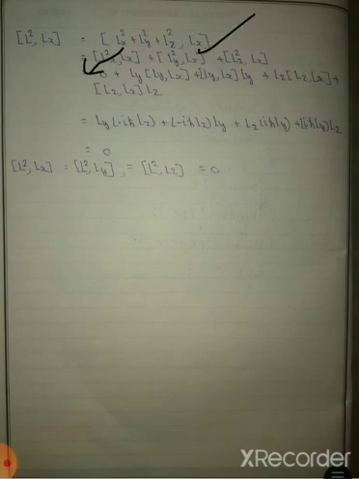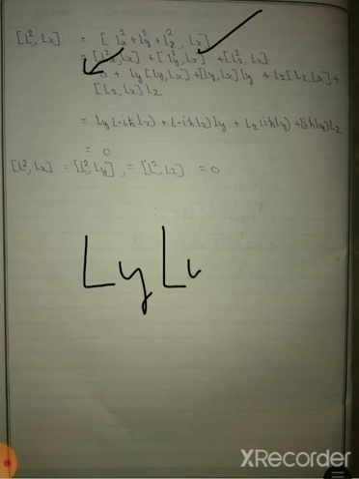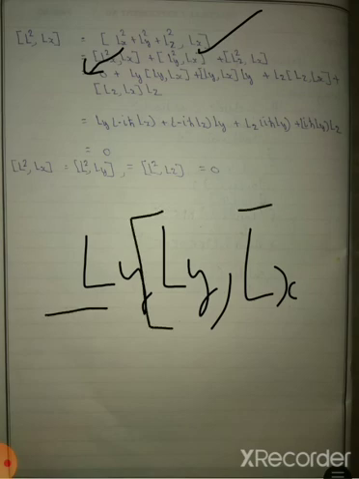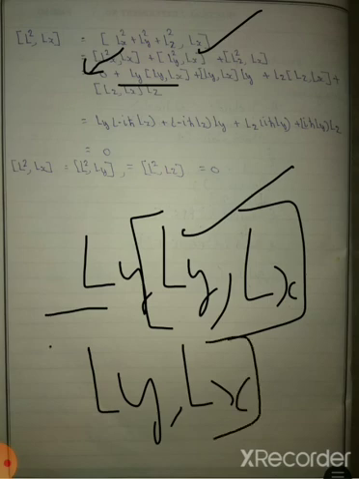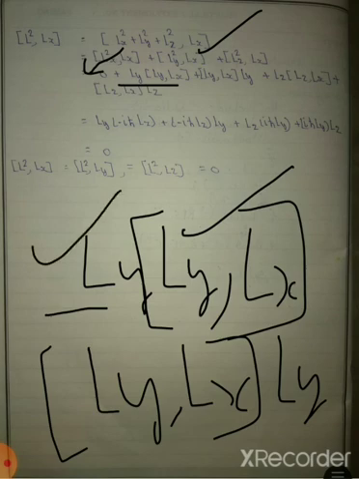In this term we will solve Ly and Ly with Lx. So firstly this term is outside and the commutation relation of Ly and Lx, and again this term here, and again this term is outside and the Ly and Lx relation is present. Firstly the pre side is outside and again the post side is outside.